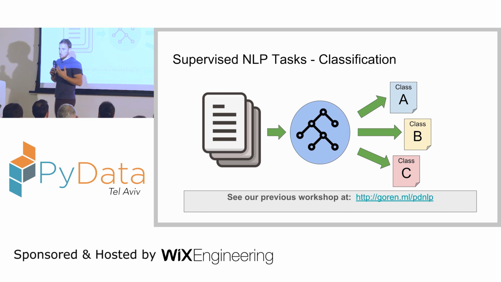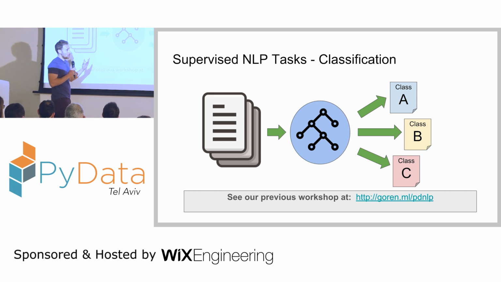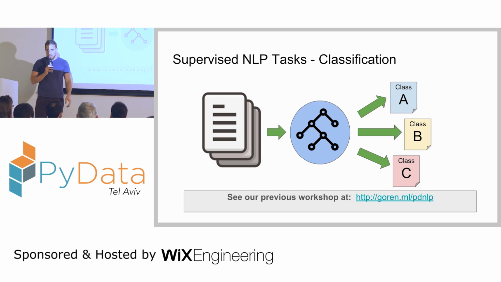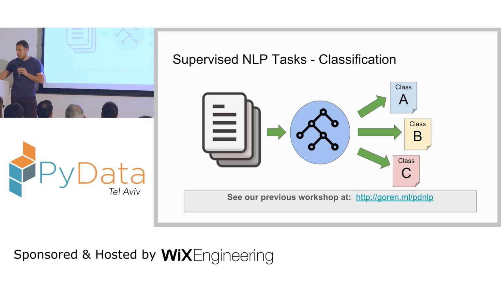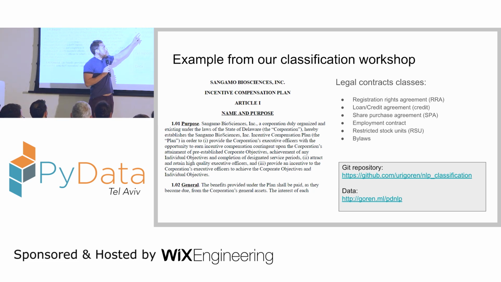This is not unsupervised. I have someone who labeled the data, and I know the ground truth for each document. For those who are interested in text classification, you should follow this link for a previous text classification workshop, in which we classify legal documents, what a surprise, into their contract type.